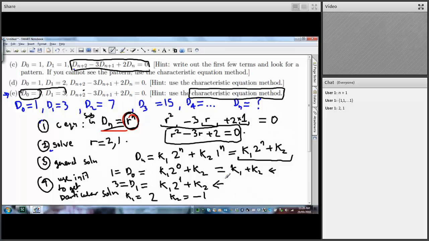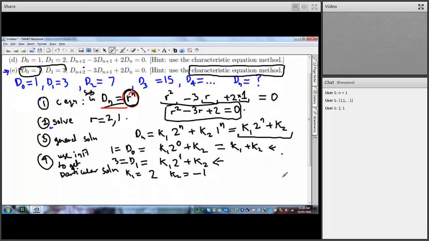Or you can take the differences of these equations to eliminate a variable. They're the two basic approaches. What I would do in this case would be the second equation minus the first, which gets rid of the K2s.